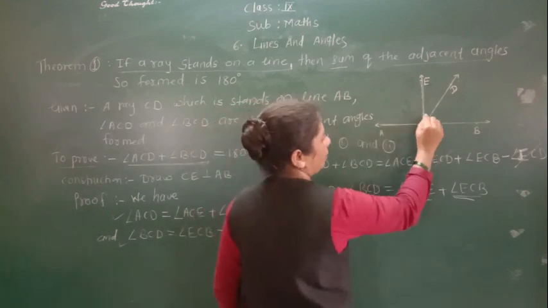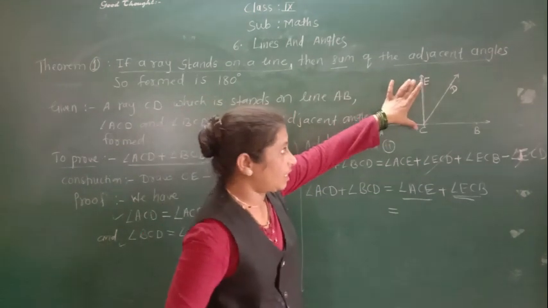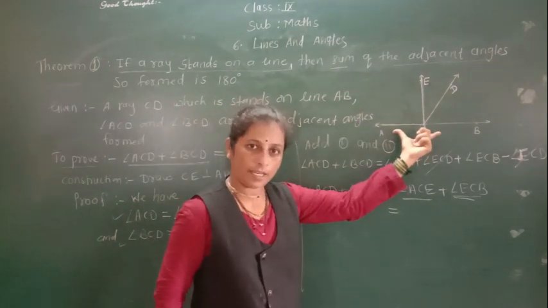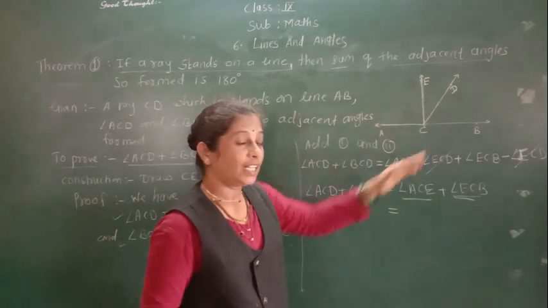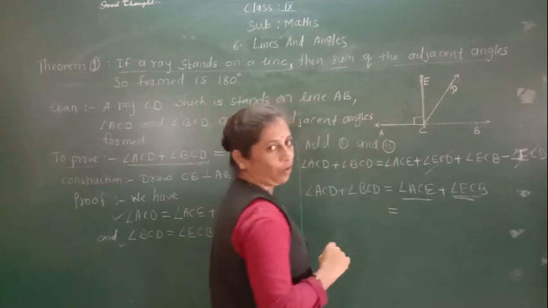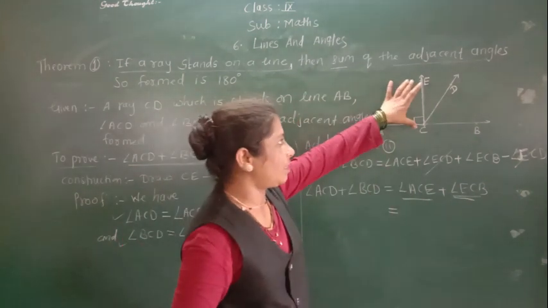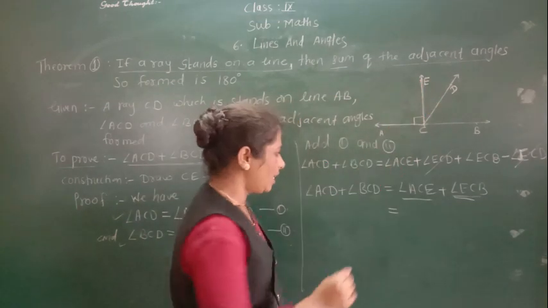Now what can we say about these angles, angle ACE? See, EC is perpendicular to AB. So when you draw a perpendicular on any side, which type of angle is formed? Here a 90 degree angle is formed, right? So when EC is perpendicular to AB, angle ACE is how many degrees? 90 degrees.